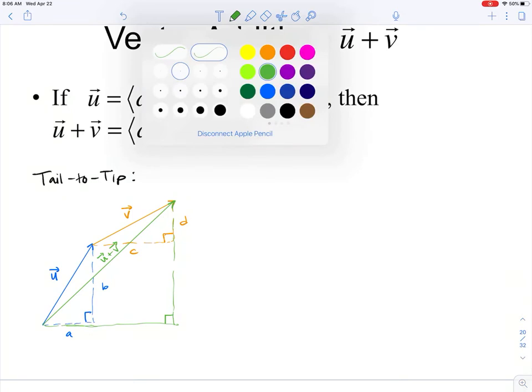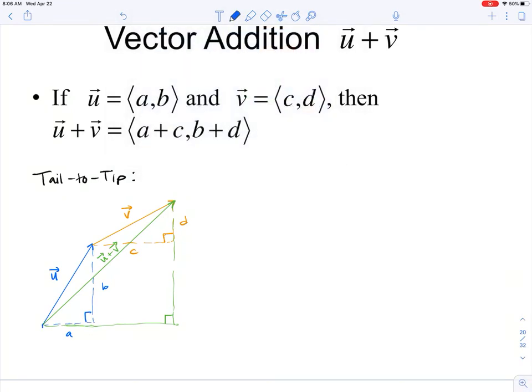Now let's look at what the horizontal component and the vertical component of the vector u plus v would be.